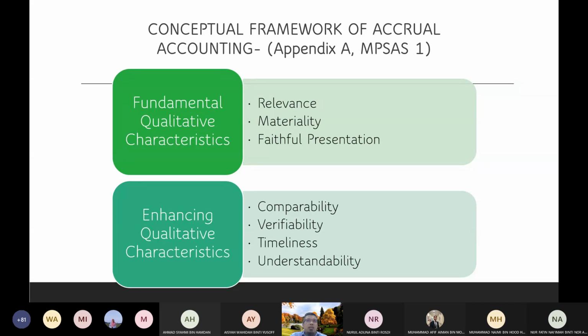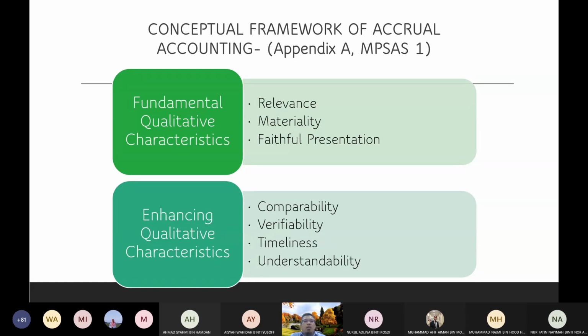All of this should be translated into accounting standards, and even when you prepare accounts, these should be the guiding principles. Why do we have these qualitative characteristics? What is the fundamental principle in financial reporting, class?